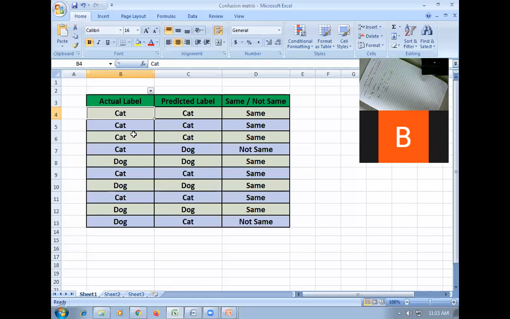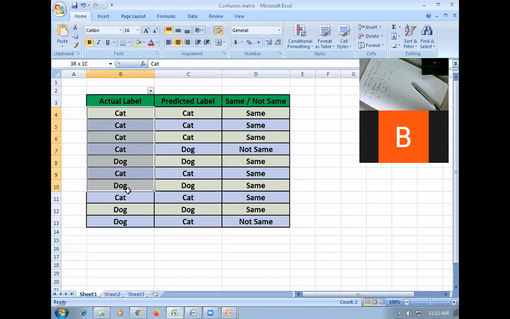And how is the number of positive calculated? POS is equal to summation of X belongs to TE, where C of X, the actual class, is positive. Okay. Now how can we calculate this? These are the actual labels.